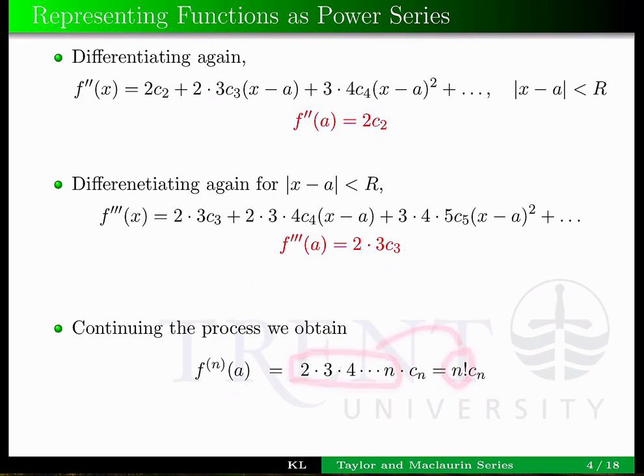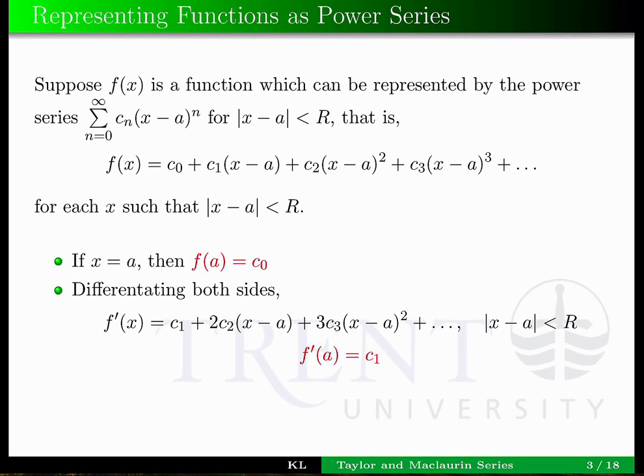Okay? So notice, nth derivative, this is the last factor here, 2 times 3 times 4, and then times until times n. Third derivative here, we just have 2 times 3. Second derivative, we just have 2. Even if you look at the first derivative here, we just have c1 because we have 1 in here.